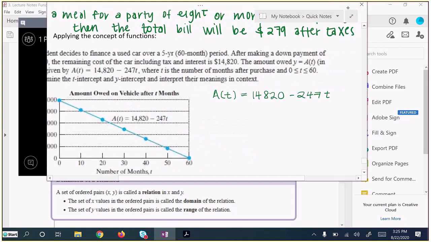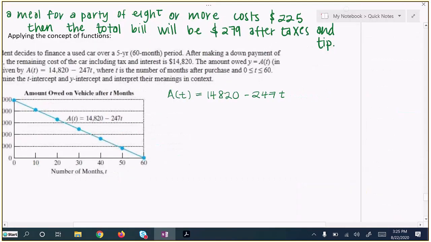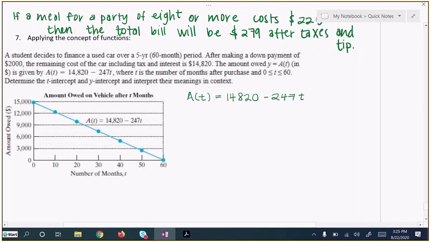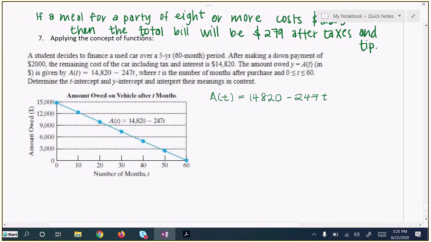And then we need to find the x and y intercepts, or the t and y intercepts. So I know that if I plug in t equals 0, and this t is acting like x has acted in some previous examples that we've done, that should give us our y-intercept.